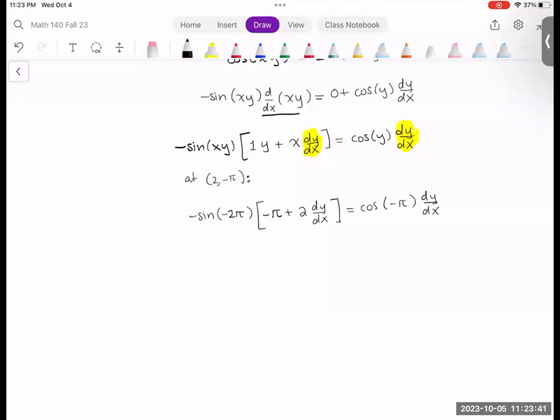Let's think back. Sine of negative 2π is the same as sine of 2π, which is 0. Cosine of negative π is negative 1. And so this amounts to 0 equals negative dy dx. So dy dx is 0.